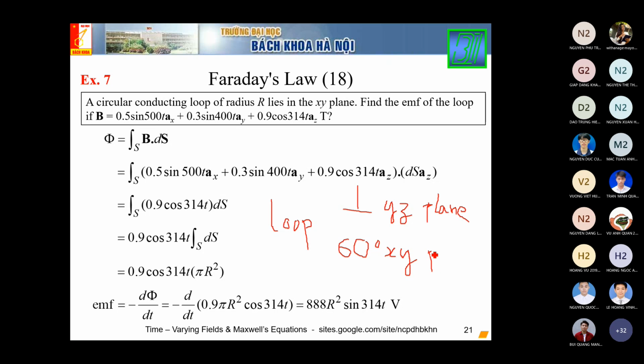I recommend you use the first method. Okay, go ahead, 5 more minutes. I repeat, I change the direction of the loop. The loop here is perpendicular to the YZ plane and creates an angle of 60 degrees to the XY plane. Please redo this exercise by one of two methods.